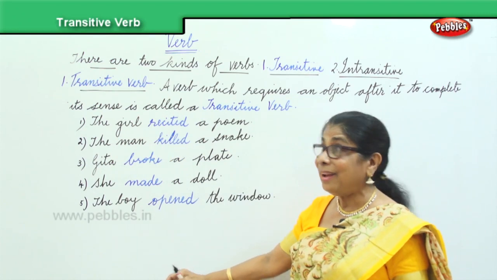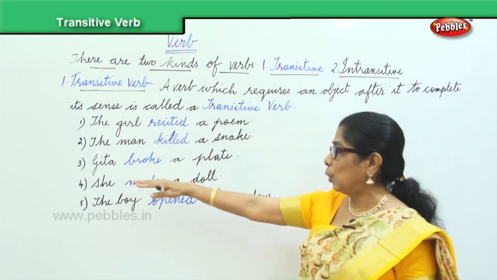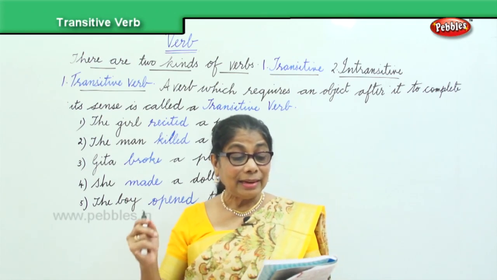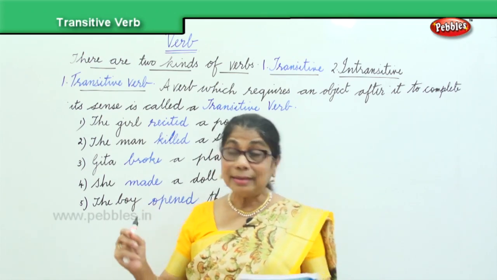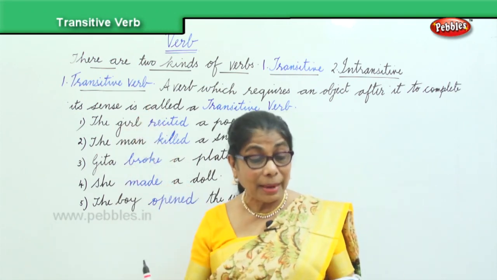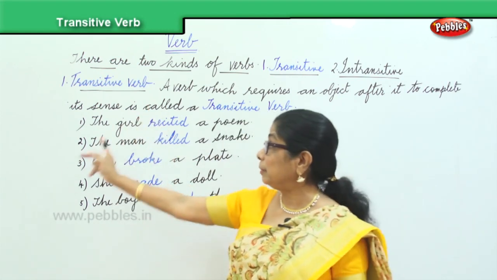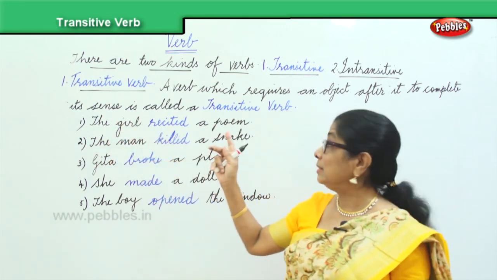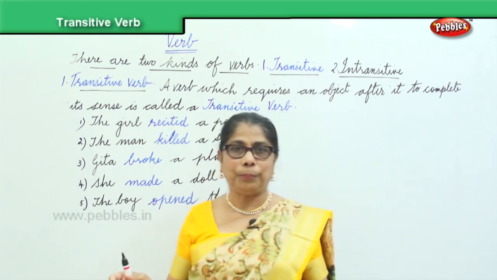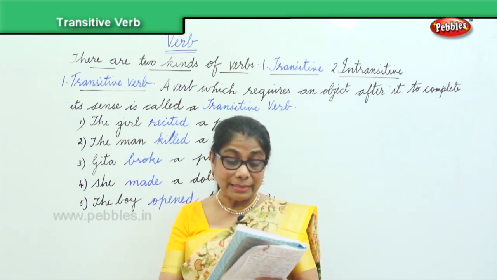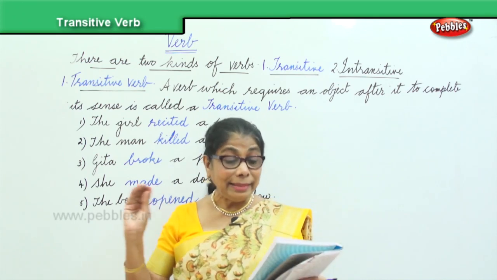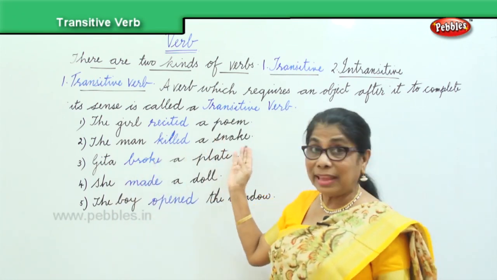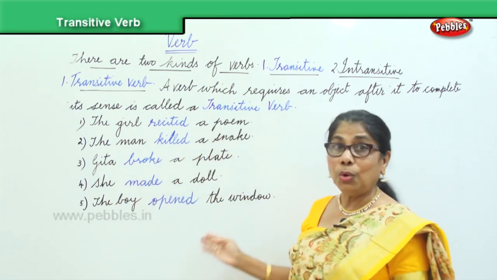The verbs are recited, killed, broke, made, opened. Now, in the transitive verb, the action passes from the subject, the girl, to complete the action. It needs an object, that's a poem. So, let us remember this. The objects in these transitive verbs are poem, snake, plate, doll, window.